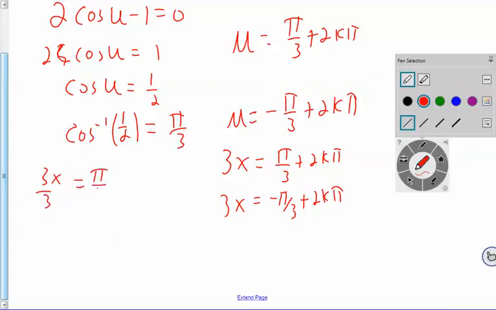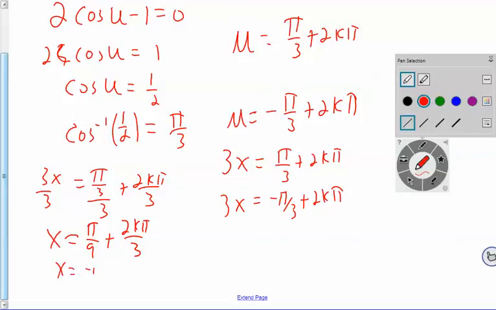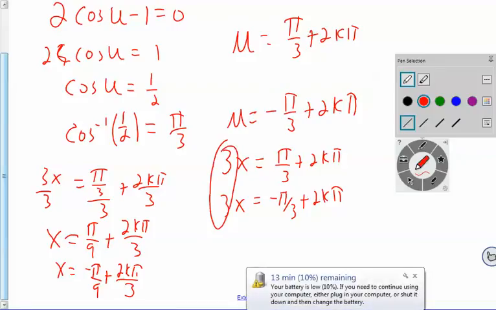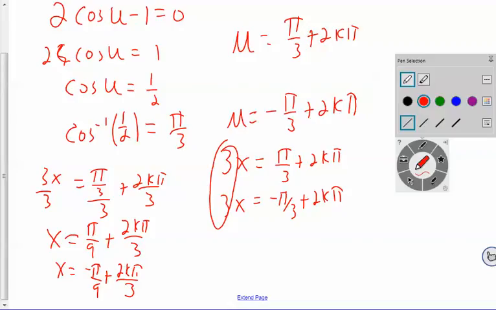So pi over 3 divided by 3 plus 2k pi divided by 3, and then the other one is going to be the opposite, or negative. So x equals pi over 9 plus 2k pi over 3, and the other answer is negative pi over 9 plus 2k pi over 3, and that covers it. What makes it goofy is this part right here, but we're not going to worry about that.